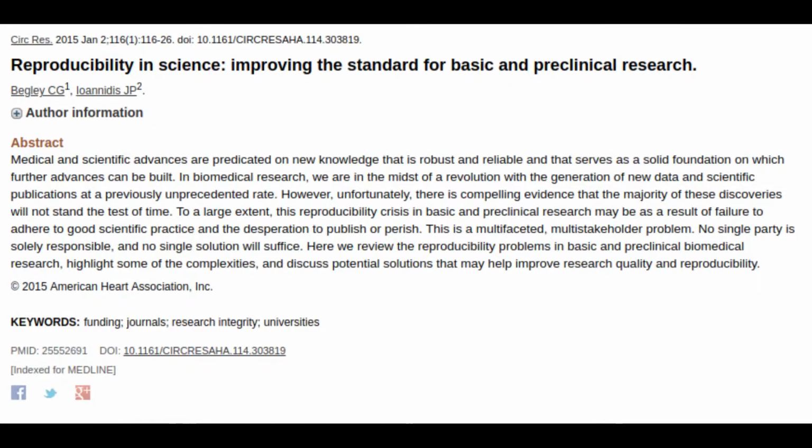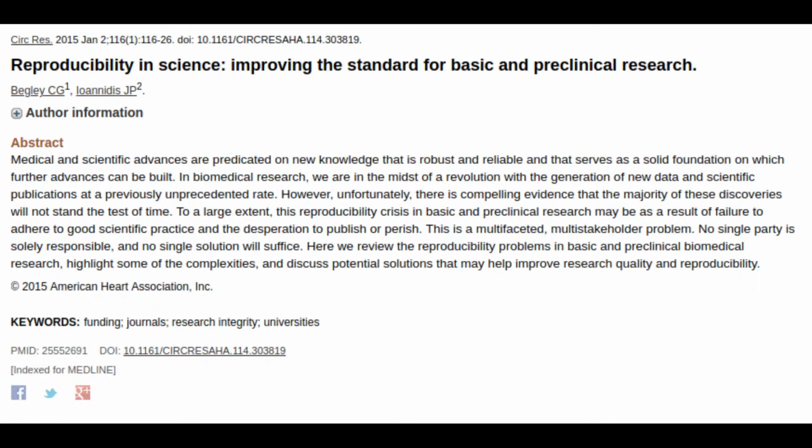There is one publication in particular worth highlighting for their summary of the problem. Begley and Ioannidis in 2015 wrote, "Reproducibility in Science: Improving the Standard for Basic and Preclinical Research," which points to the following 5 issues. That the generation of new data and publications is occurring at an unprecedented rate.